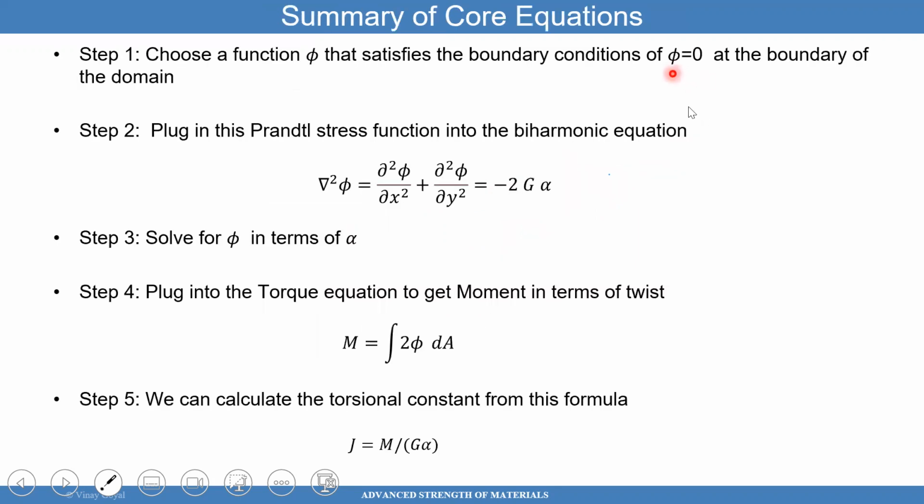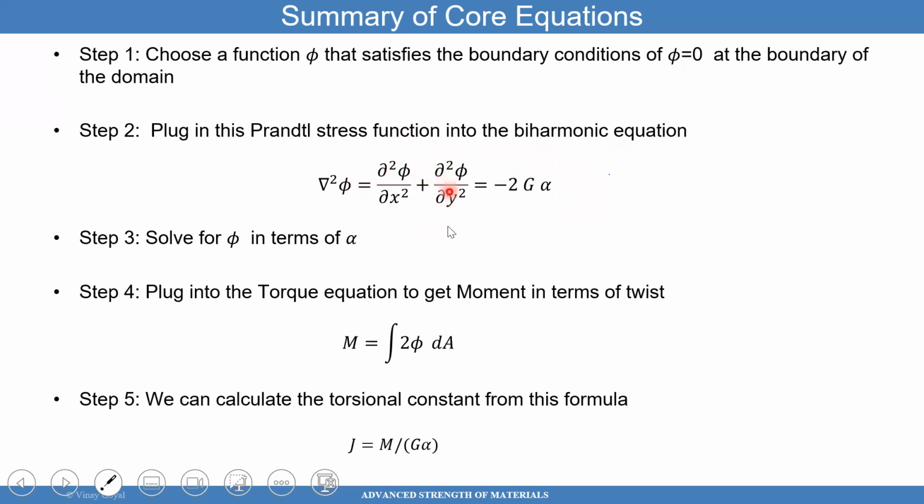The first step is to choose a function that gives me a Prandtl stress function of 0 at the boundary, because phi is 0 at the boundary due to Cauchy's relationship, as I'm not applying any traction loads on the surface. That's why that is. Number 2, I'll plug the Prandtl stress function into this equation. It's not a biharmonic equation, so I apologize for that, but you'll plug it into this equation here.